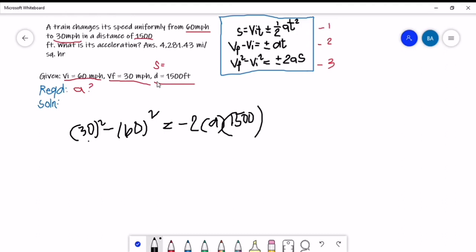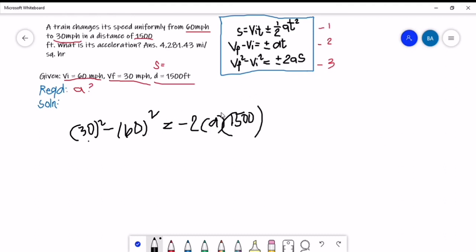Now, at this point, when we see this kind of problem, a good reminder for us is that in physics there should be consistency of units. If you're going to use miles for distance, everything you use should be in miles.